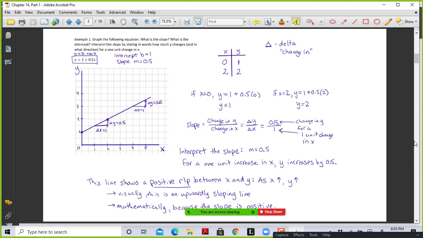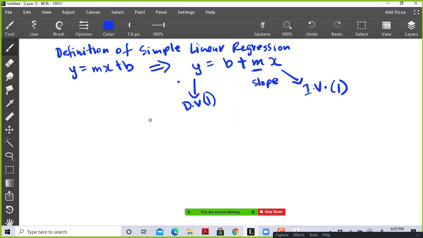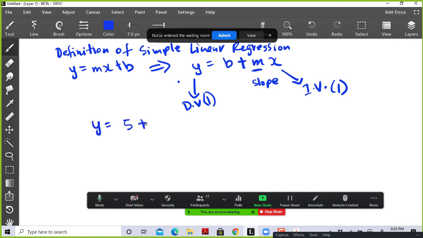Also, if you have watched Professor Sands' videos, what happens if the slope is 0? What does it mean? So if the slope is 0, that means there is no relationship between y and x. What I mean by that is, let's say I write an equation like this: y equals 5 plus 1x.